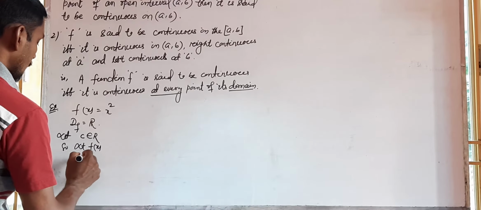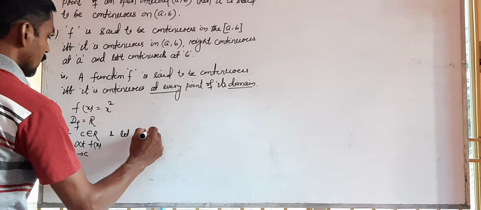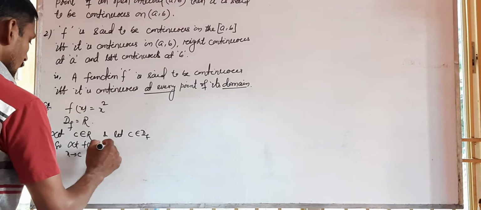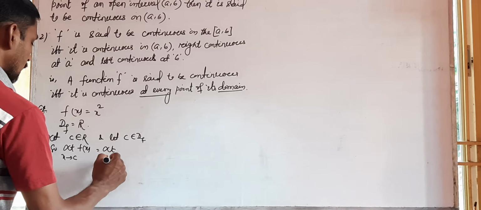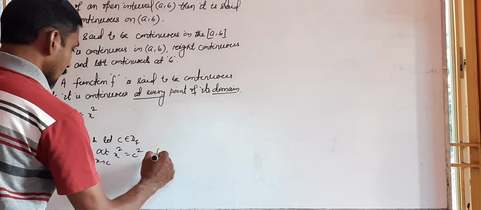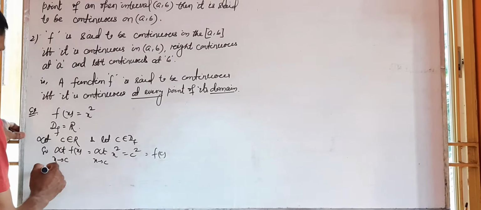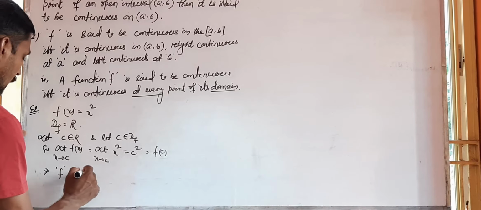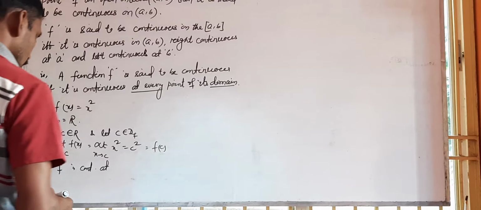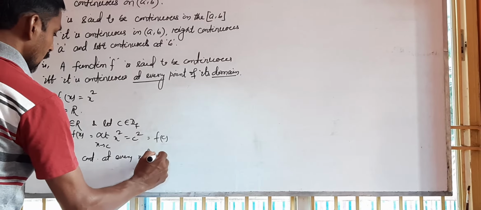So the limit as x tends to c of f(x) is c square, which is the same as f(c), also c square. So the limit and the value are the same. This implies that f is continuous at every real number.